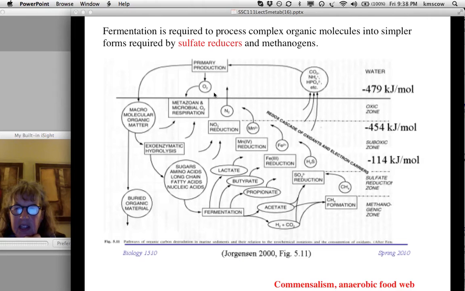It is showing you the same kind of phenomenon that we were looking at in that first flooded soil picture, where we have oxygen being used as an electron acceptor up here, and then we have this cascade, here we go, nitrate reduction, manganese and iron reduction, sulfate reduction, methane formation, or CO2 being used as an electron acceptor, producing methane.